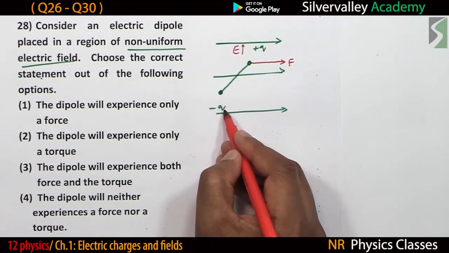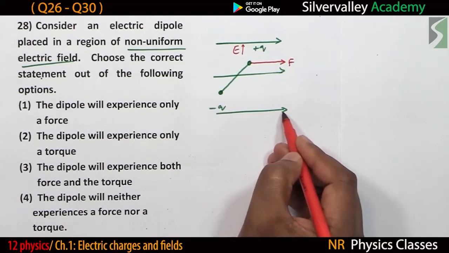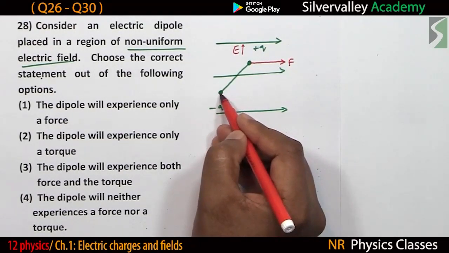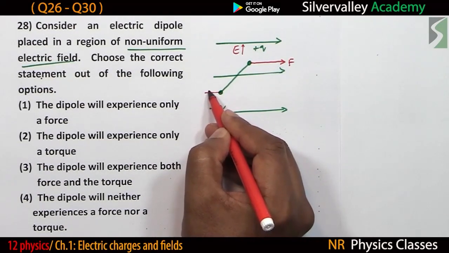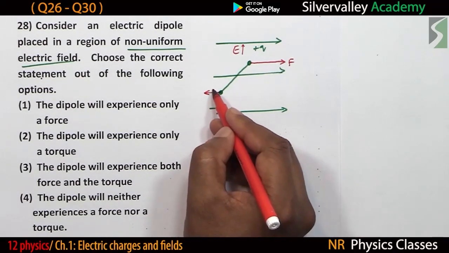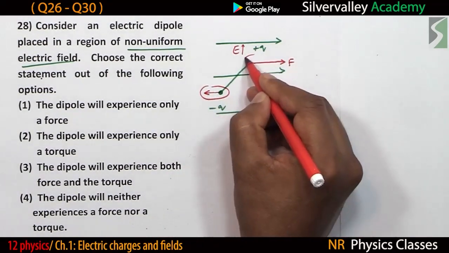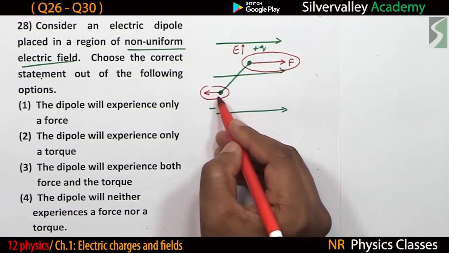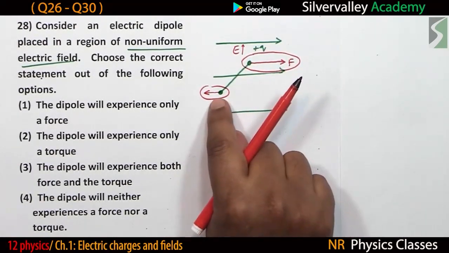A negative charge experiences force opposite to the electric field. If the electric field is weak, then the force is less. Observe these two. These two are not equal. So there is a resultant force.